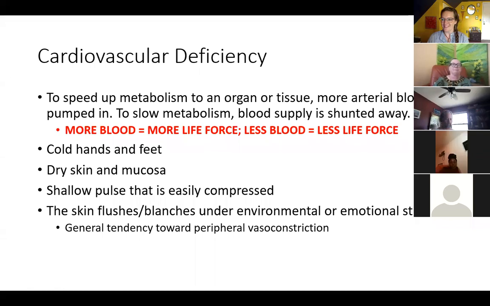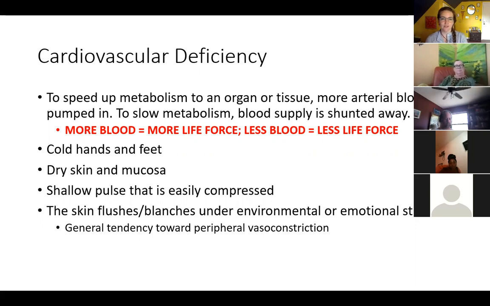Ooh, cardiovascular deficiency. Okay. To speed up metabolism to an organ or tissue, more arterial blood is pumped in. To slow metabolism, blood supply is shunted away. That can cause deficiency. So more blood equals more life force, less blood equals less life force.